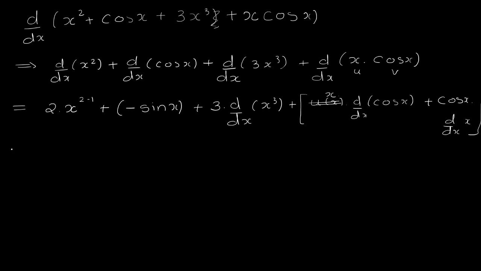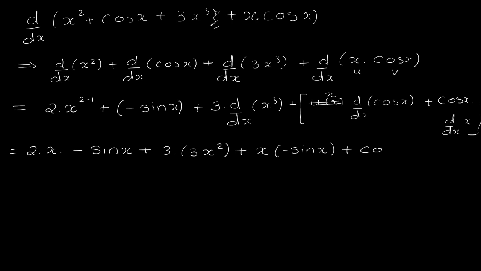Okay, so now if I simplify, the first term is 2 into x minus sine of x plus, now the derivative of this 3 as it is, and the derivative of this is 3x square, 3x square plus x as it is, derivative of cos of x is minus sine x plus cos of x, and the derivative of x with respect to x is 1.